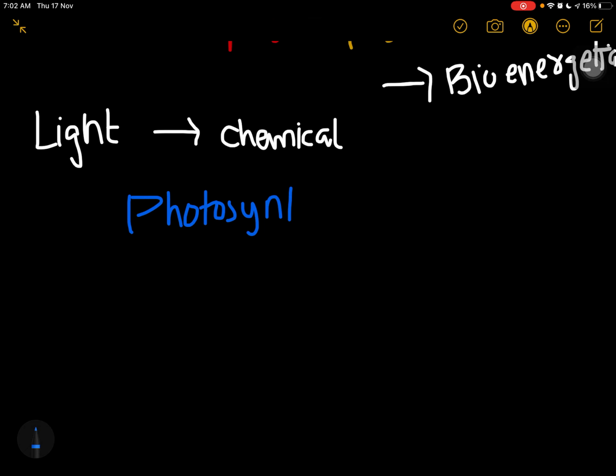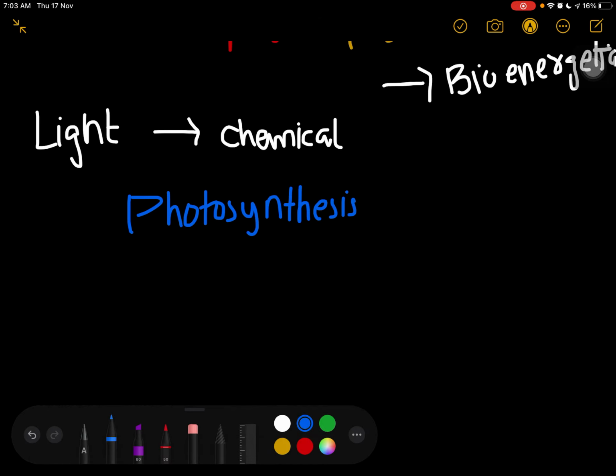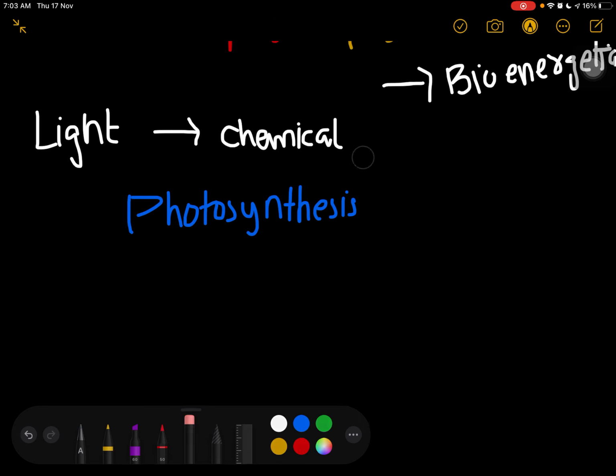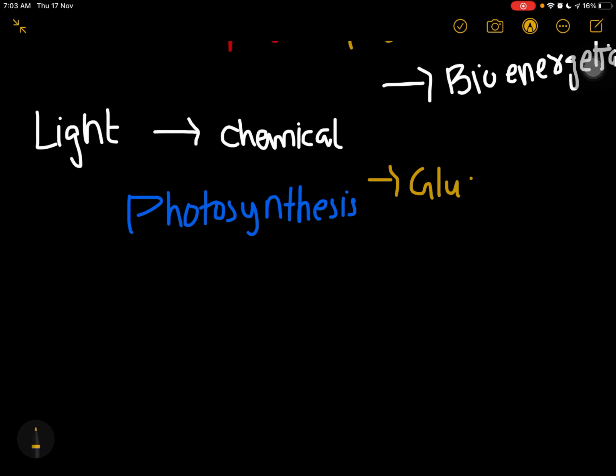What happens is the light energy is converted into chemical energy. Sorry, here ATP will not be formed in the process of photosynthesis. Now the glucose is formed over here, right? Here the glucose has been formed as the result of photosynthesis.